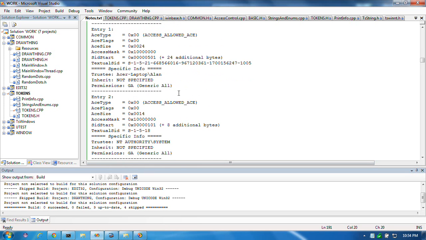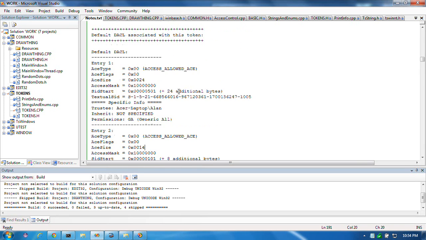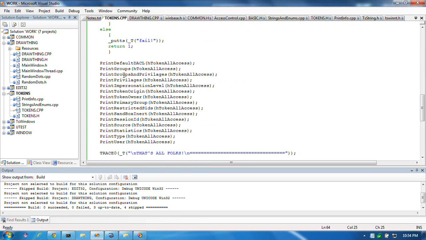You need privileges. And of course, I don't have privilege to modify an access token. A privilege is a different thing from a right or access.